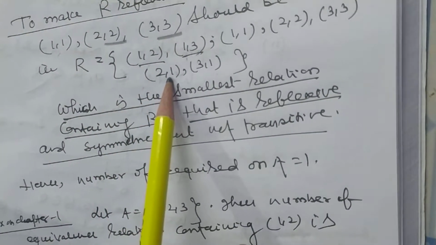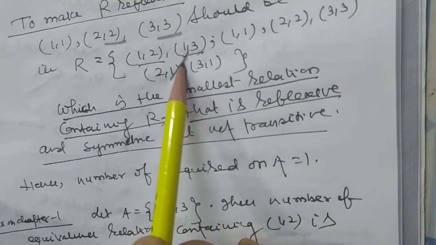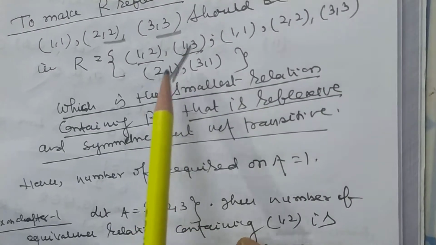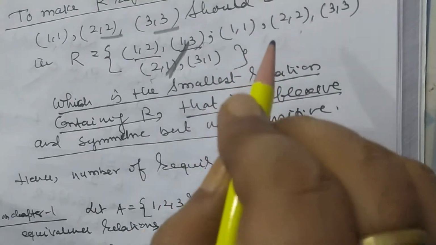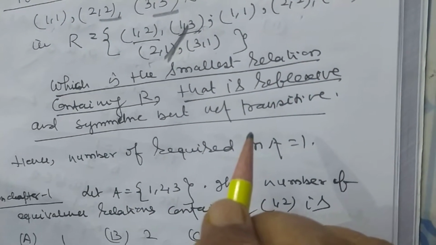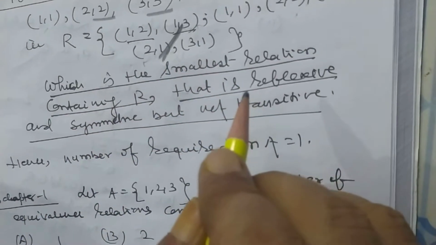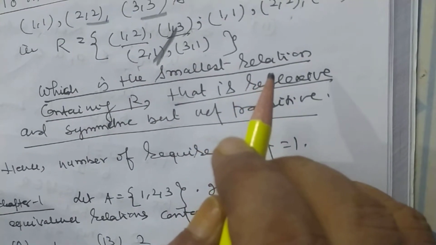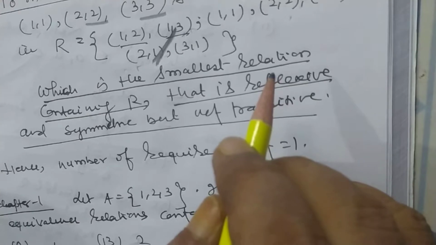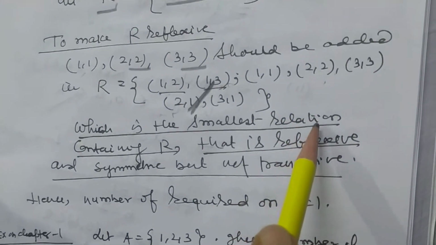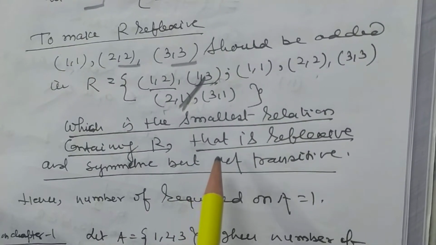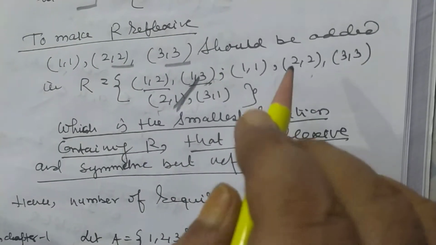So if you take (2, 1) and (1, 3), then (2, 3) should be present. (2, 3) is not present here. So it will not be transitive. So this is the smallest relation which is reflexive and symmetric but not transitive.